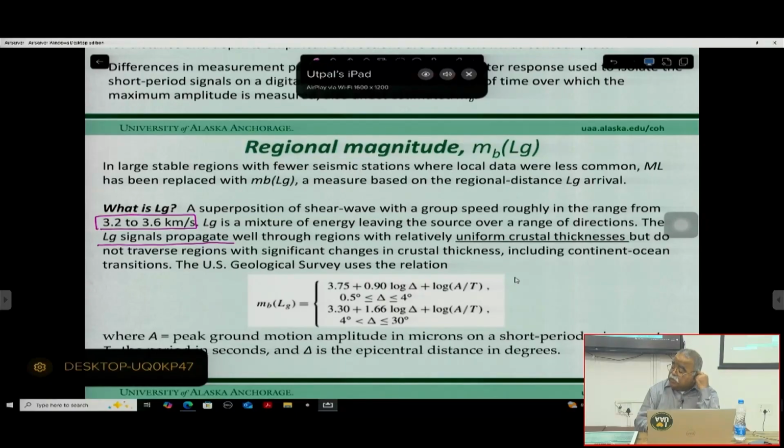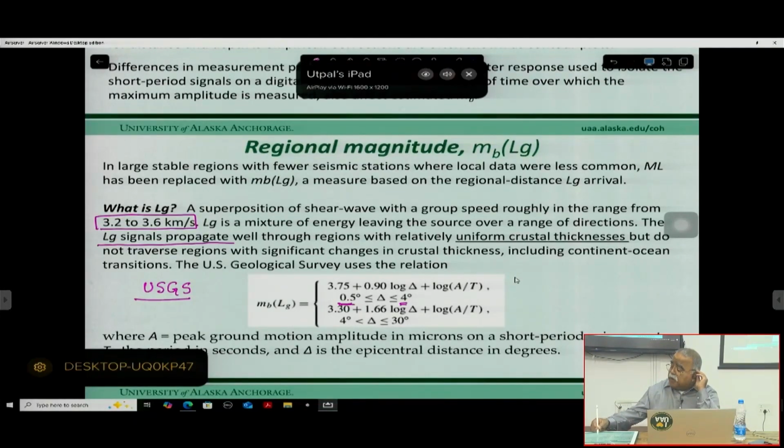And if you can use the Lg signal, then mb(Lg) from the USGS. This relation is a US Geological Survey relation, which they use for their mb calculation based on Lg. This will be for distances between 0.5 and 4 degrees.